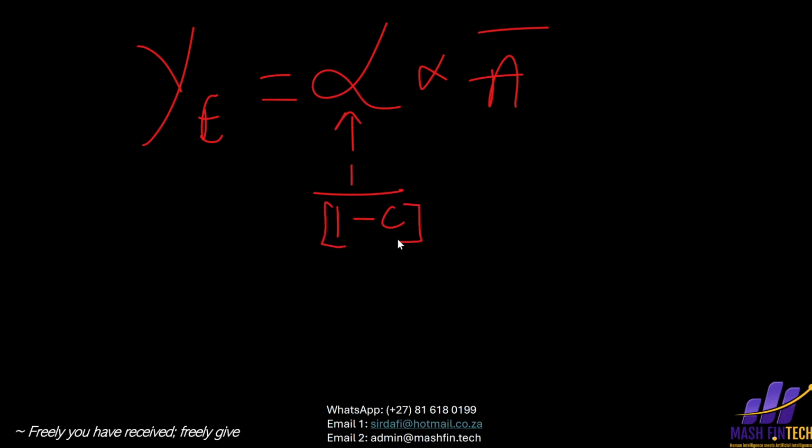Also remember this. This is the same as saying 1 over the marginal propensity to save. You're going to see as we get deeper into this that ultimately your multiplier is going to be given by 1 over the sum of all the leakages or withdrawals.